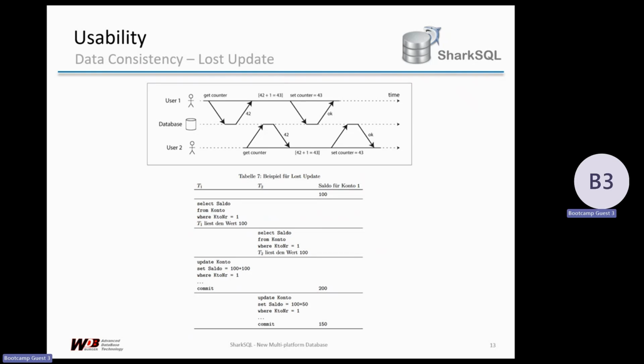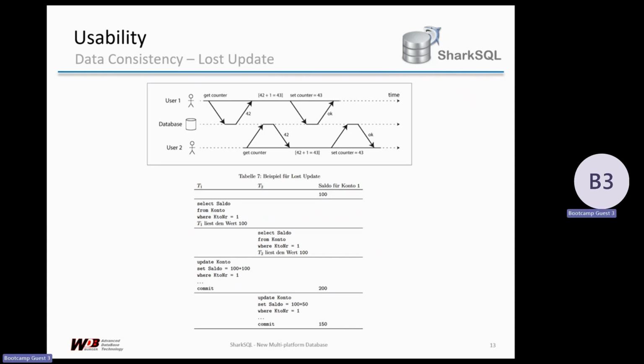I've seen so many applications in the field where I was really wondering what they have done in their application. They're using the read committed isolation level because it's the fastest one. Because with read committed, you do not have to do many checks within the database. You minimize the locking. You get the most out of caching and so on. So this is the fastest way to modify data.